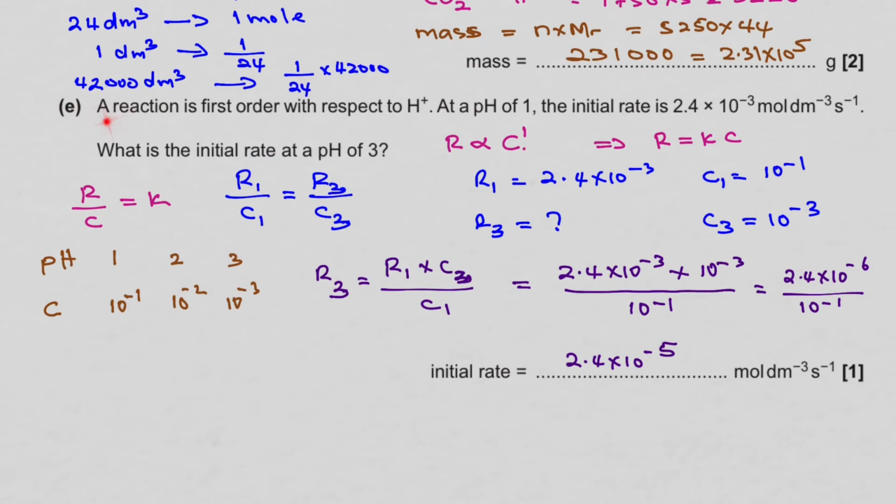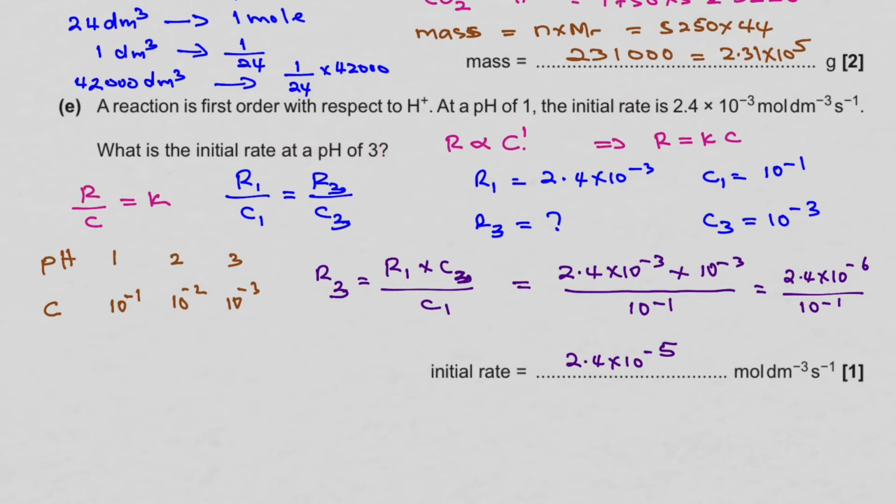E. A reaction is first order with respect to H+. At a pH of 1, the initial rate is 2.4 times 10 to the power minus 3 mole per decimeter cube per second. What is the initial rate at a pH of 3?